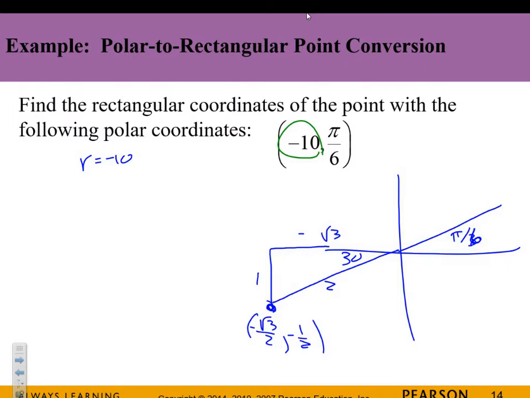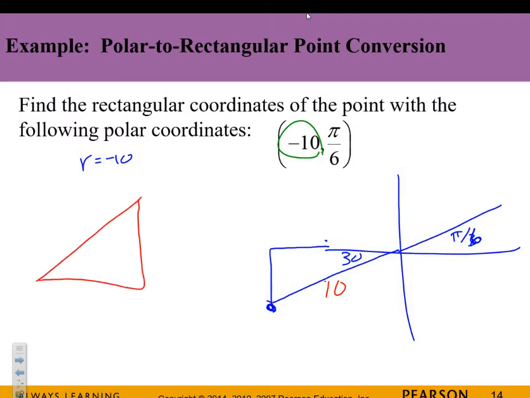Do you remember when I gave you the question? What if I didn't convert this to a 2, and I just left it as 10? Well, here's what I know. I know that this is still a 30-degree triangle. Therefore, it must follow the proportions of it. Here's 30, here's 60, here's 90.